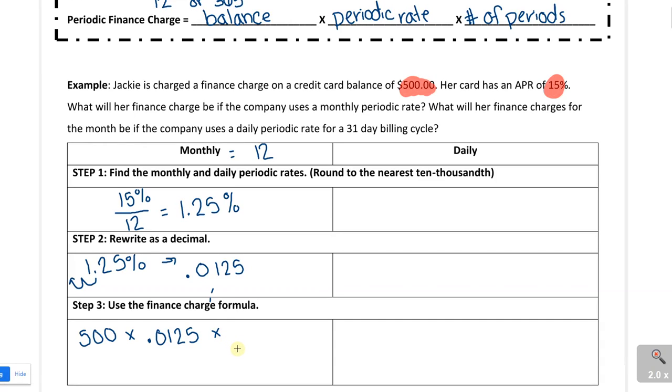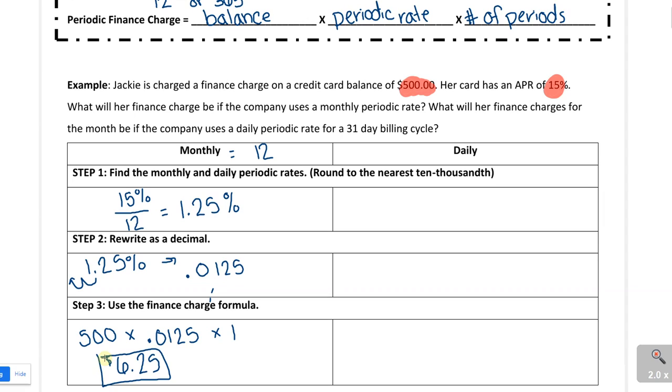Here, there's only one period unless they state otherwise. So we're going to do 500 times 0.0125, and we get 6.25, so $6.25.